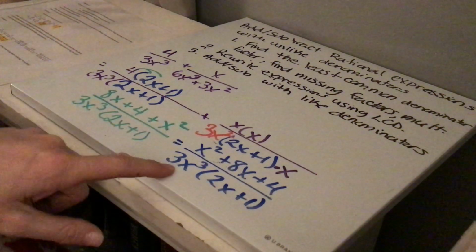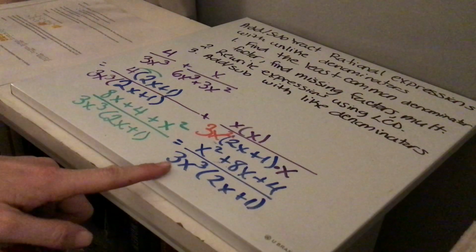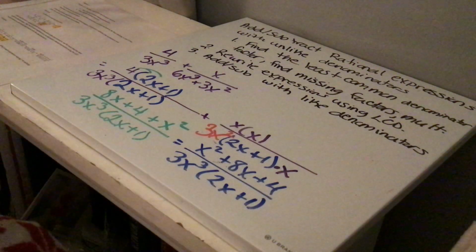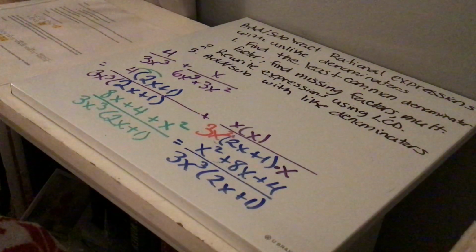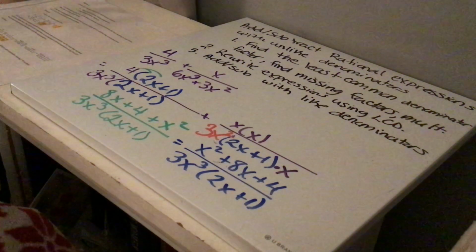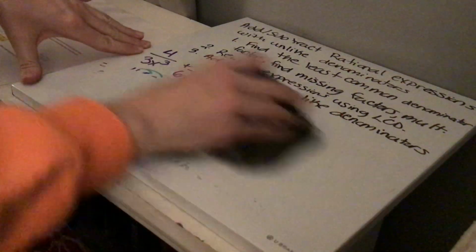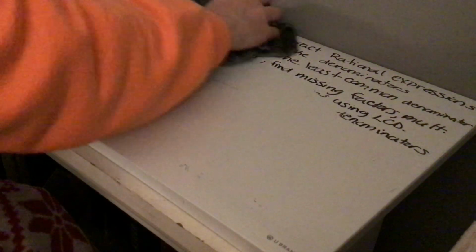So our least common denominator was 3x cubed times 2x plus 1. Okay, you're not just adding in a missing term, you have to add in missing factors. And factors are things that are multiplied. All right, let's look at another one.